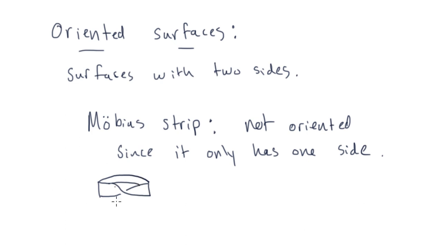So here's what the Mobius strip would look like if you're looking at it, but let me show you how it came about. So I took a rectangular piece of paper and I twisted it once, so turned it into this.